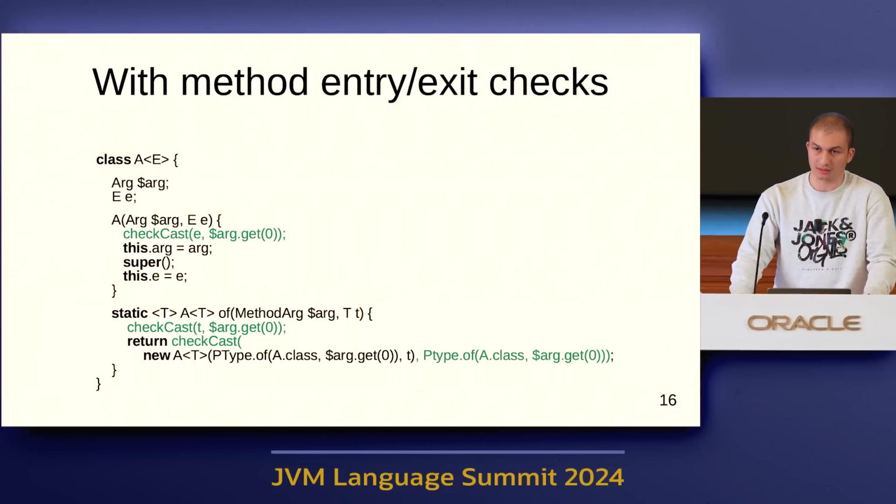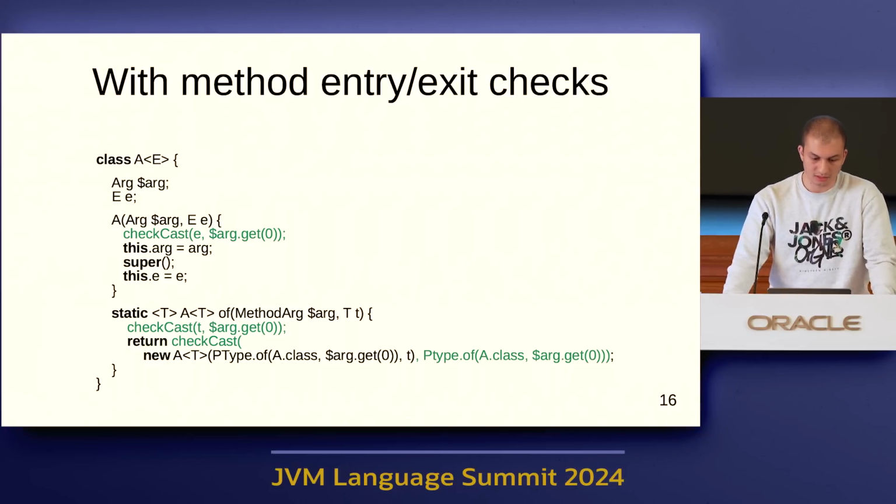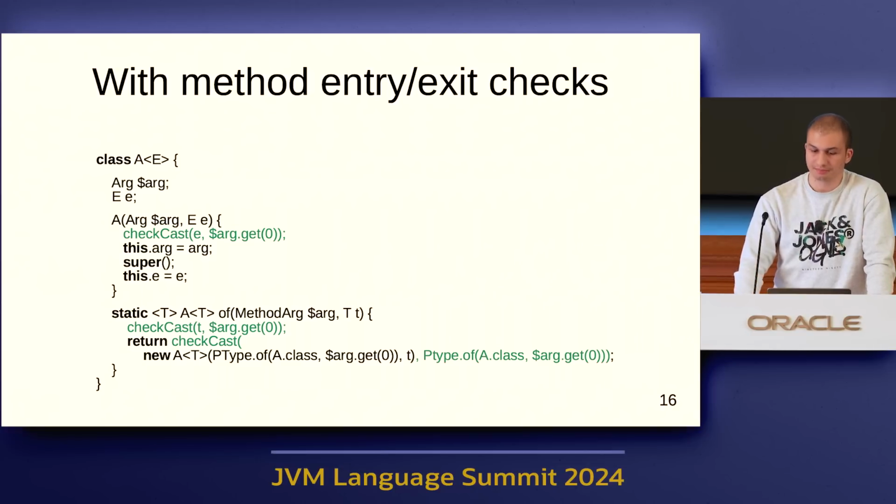This kind of cast will be inserted for each parameter of parameterized type, or using directly a type variable, in our case E. It goes the same way for the parameter T in the auth method.